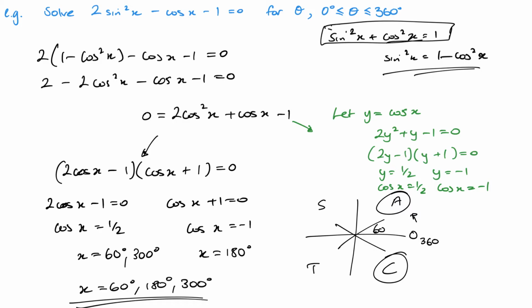Doesn't matter which way around you use it. Most of the time I'll do it this way, sometimes I'll do it the other way, especially if I'm going to use a quadratic formula. So maybe get used to trying both ways and just see which one you prefer.